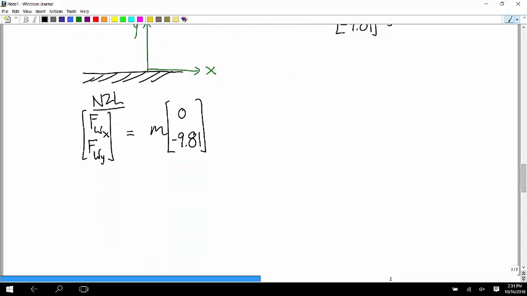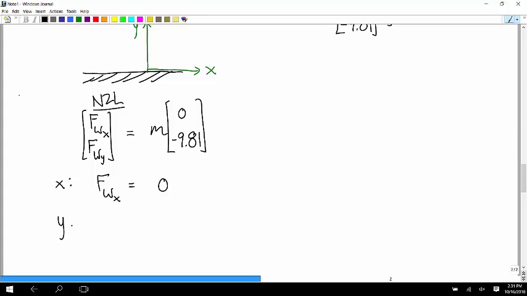And now we can break this vector equation up into two pieces, an x equation and a y equation. The x equation says Fwx is equal to m times 0, so 0.